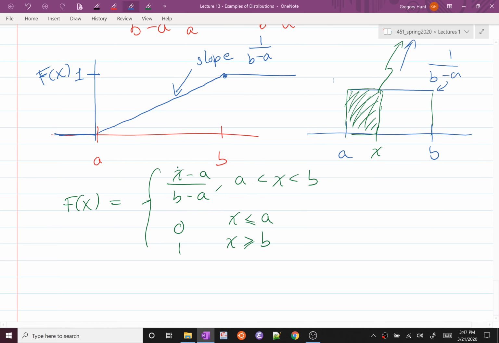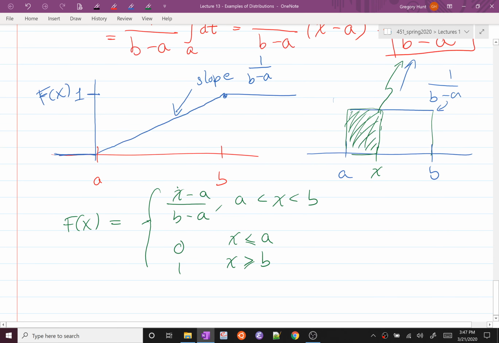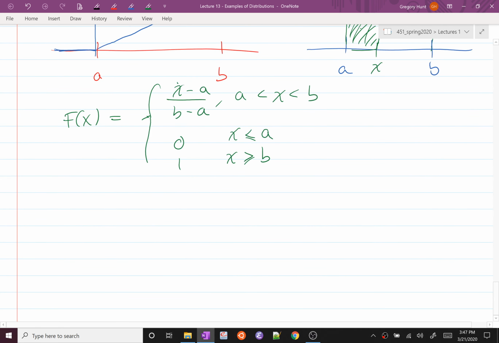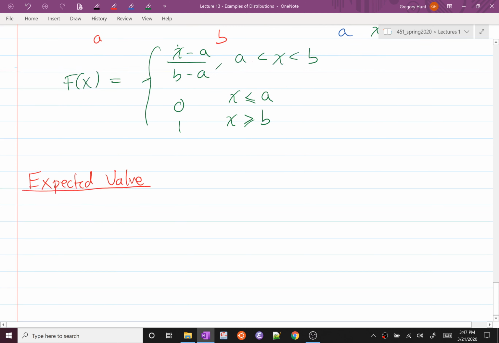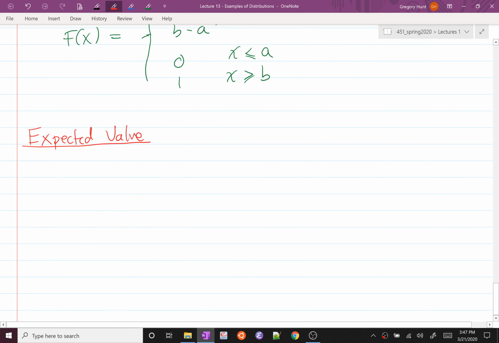So given our PDF, we can calculate the expected value for the continuous uniform. For the uniform distributions, we can basically guess the value of the expected value. Here again is my PDF, 1 over b minus a.